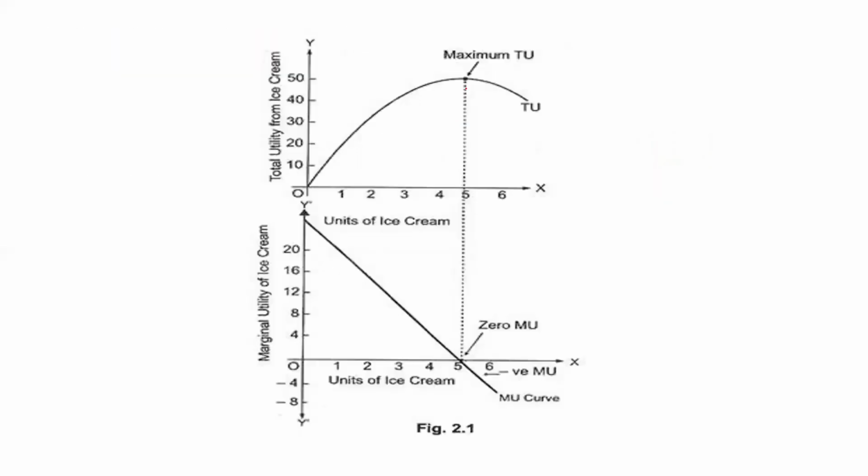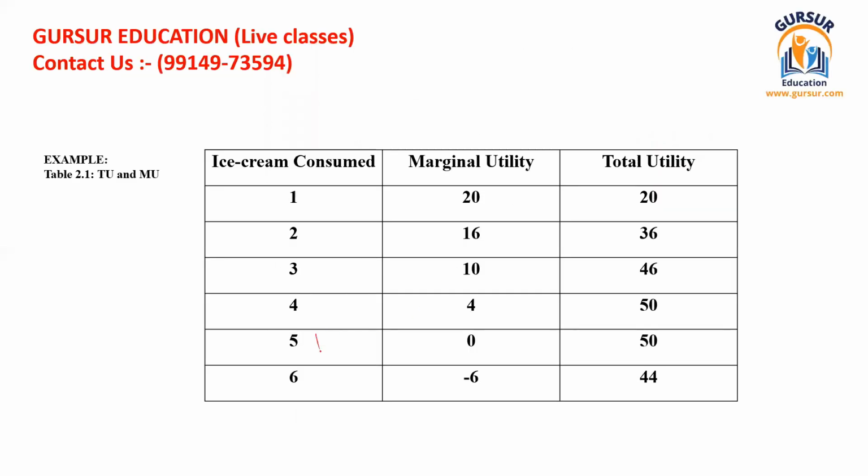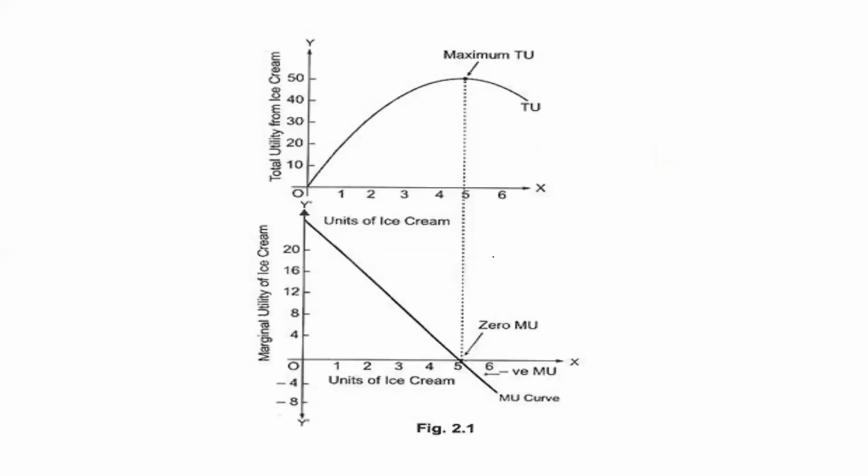And after this point, you can feel that when you are eating more and more, your total utility is decreasing, your stomach gets disturbed, and marginal utility becomes negative. So the total utility starts decreasing and your marginal utility starts becoming negative.